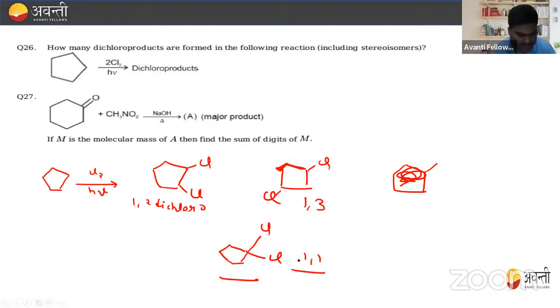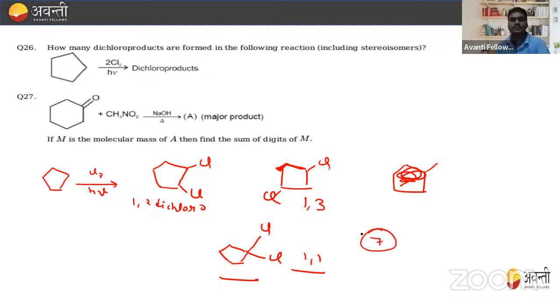So how many possibilities are there? That is three, right? So the dichloro substituted products are like this only. So the total is seven possibilities: 1, 2, 3, 4, 5, 6, 7.